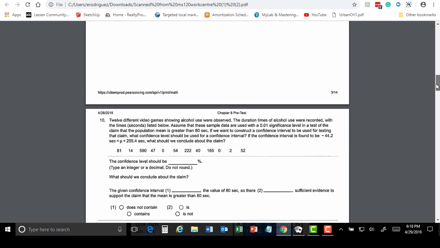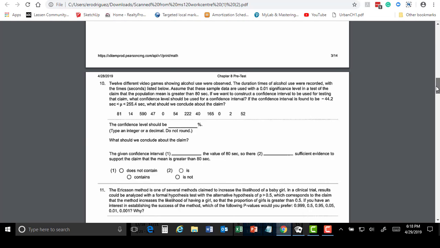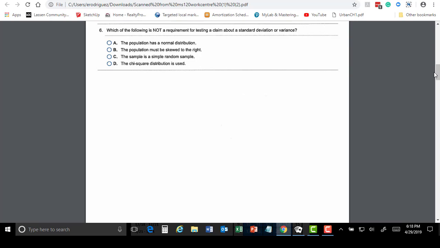Oh, let's look at this chi-square business there. Well, we can do one of these. So the chi-square distribution also has degrees of freedom, and it looks a lot like this t distribution.